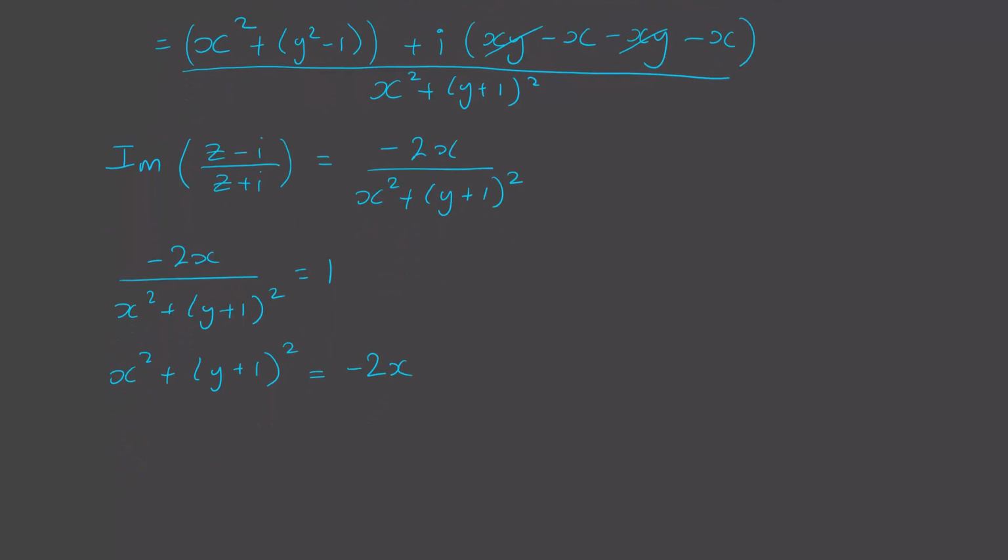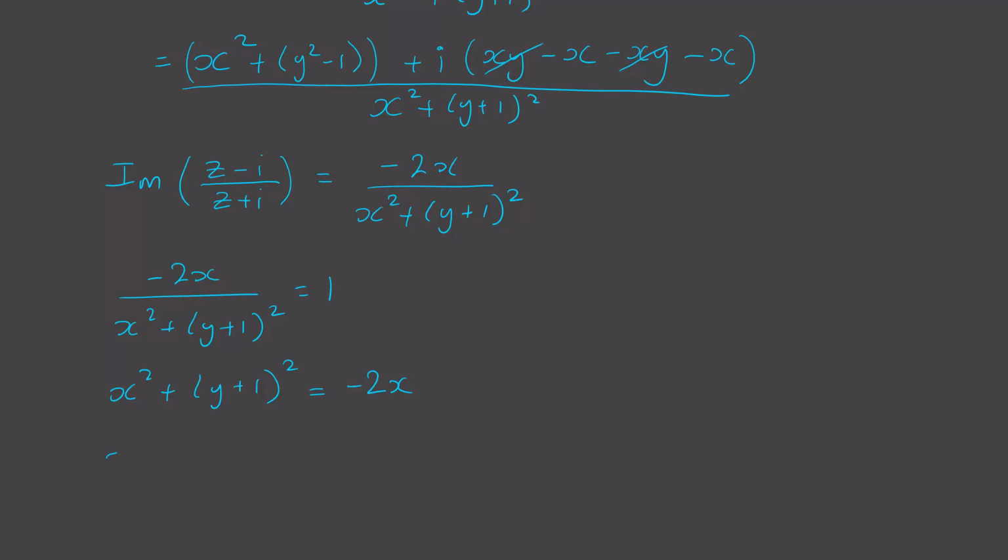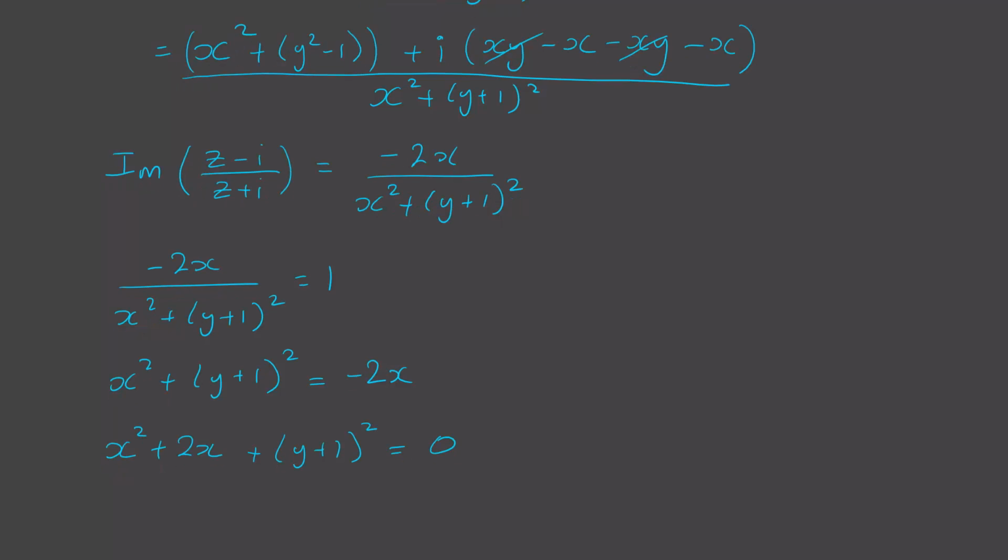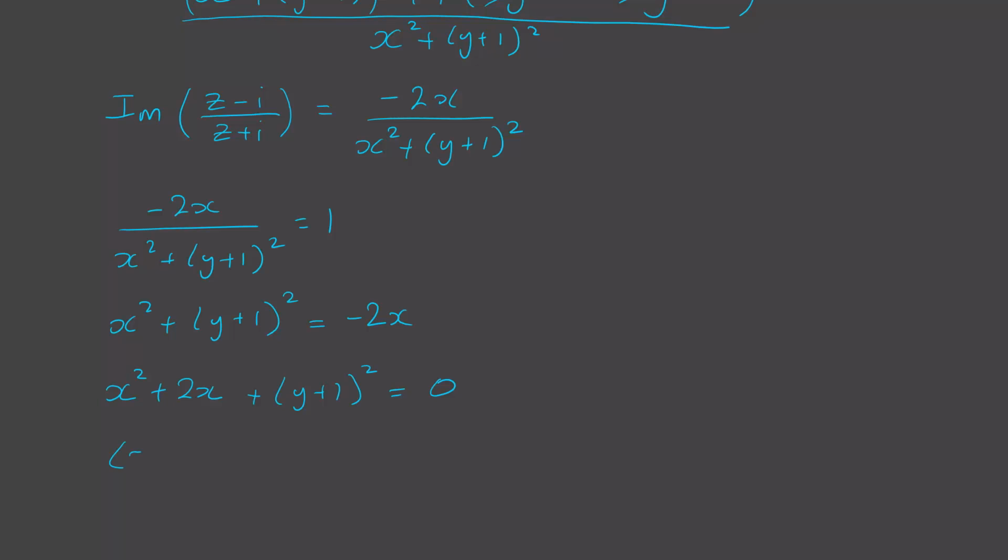Now, we should start to see where this is going. If I bring the 2x onto this side, then I have this. If I now complete the square for x, I get (x plus 1) squared take away 1, plus (y plus 1) squared equals 0, which is (x plus 1) all squared plus (y plus 1) all squared is equal to 1.